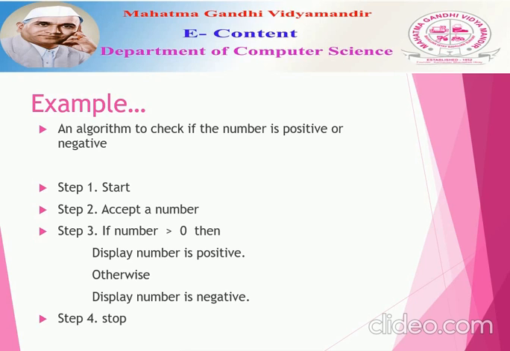First step is start, second step is accept a number, third step is if the number is greater than 0, it is positive, so we will display the number is positive, or otherwise we will display the number is negative. And fourth step is stop. Likewise we can write the algorithm step by step.